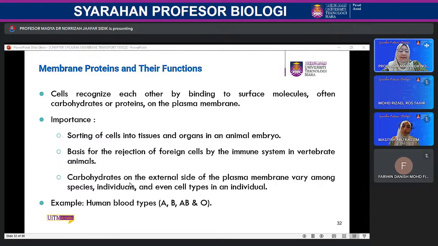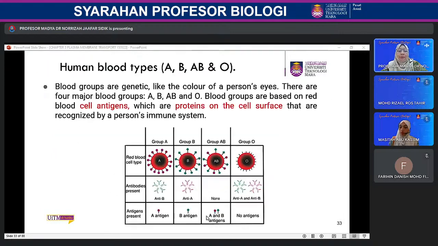The carbohydrates on the external side of the plasma membrane vary among species, individuals, and even cell types in an individual. For example, you know that humans have different blood types: A, B, AB, and O. In humans, blood types are genetic. There are 4 blood groups.